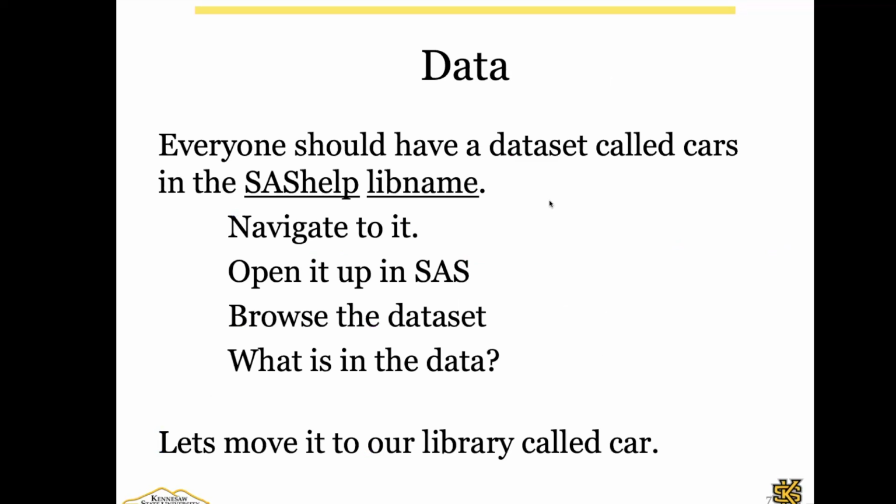Let's play a little with the data set that is already available in SAS. You can find the cars data set in the SASHELP library, so we can go through that one and see what is in cars. It's already located in the SASHELP library, and we will work on it.